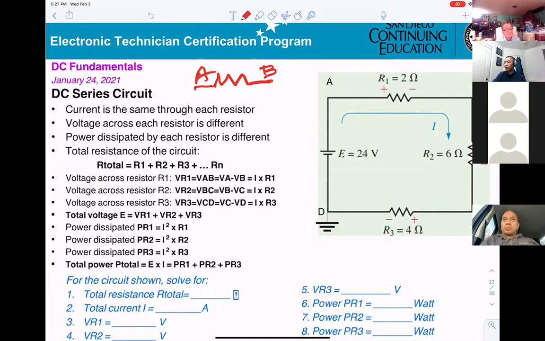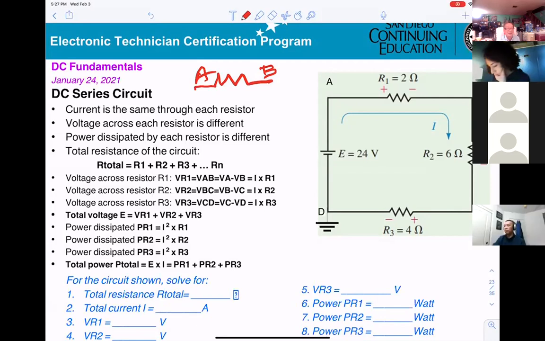Like in an interview, they give you a resistor, tell me which one is positive, A or B. It depends on your battery. It depends on which direction the current is flowing.